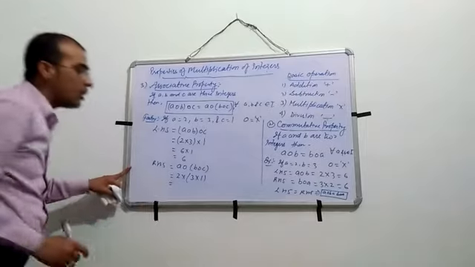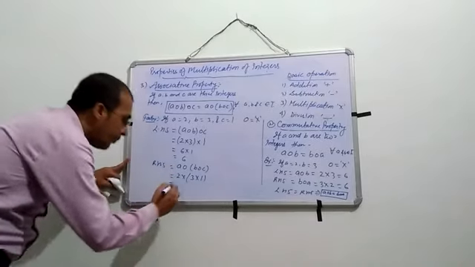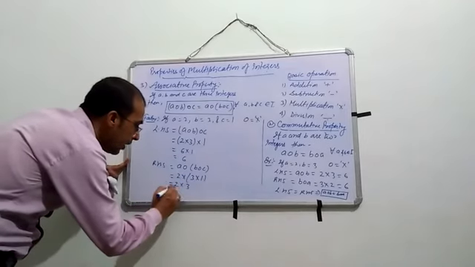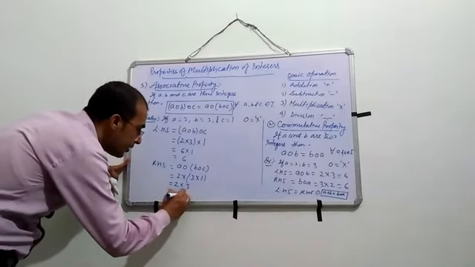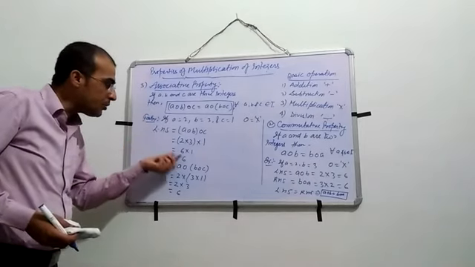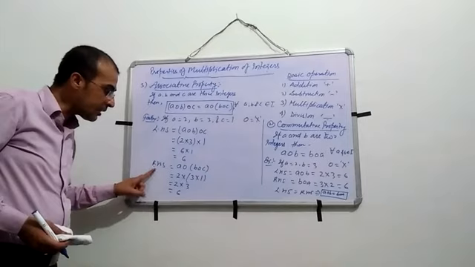Now first you multiply in brackets: 3 into 1 equals 3. Again you multiply 2 into 3. This is 6. So we can see LHS equal to 6 and RHS equal to 6.